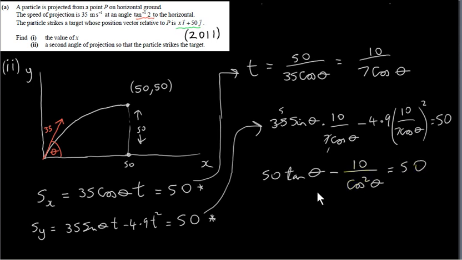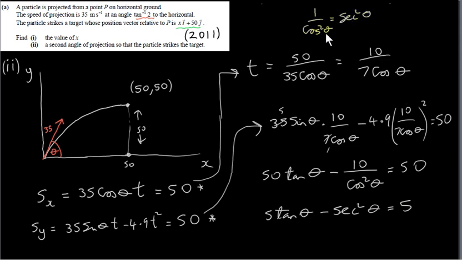Now we can write this as 50 tan theta. Actually, I'll divide by 10. So we have 5 tan theta minus sec squared theta equals 5. I'm using the fact that 1 over cos squared theta is sec squared theta.